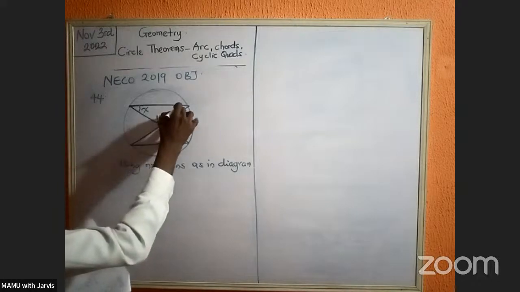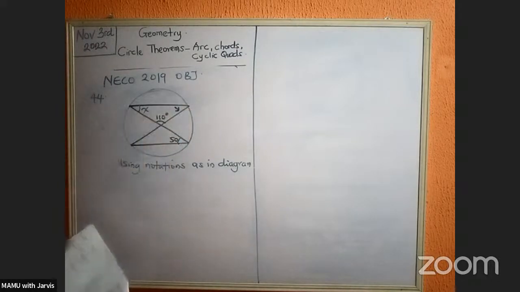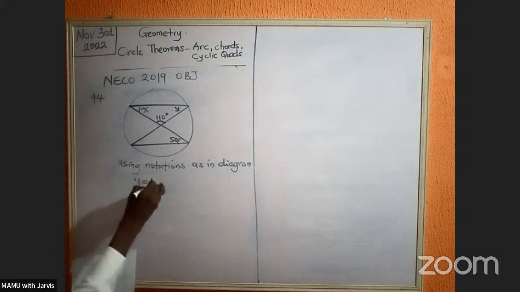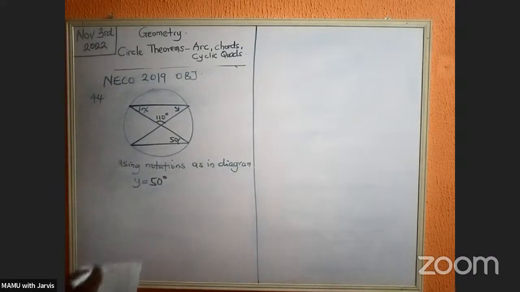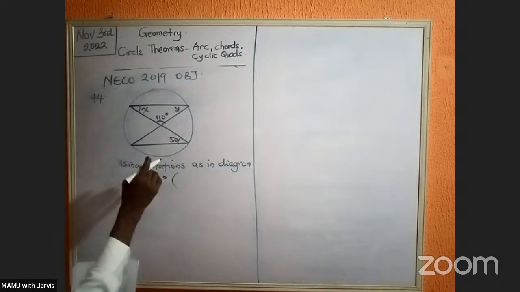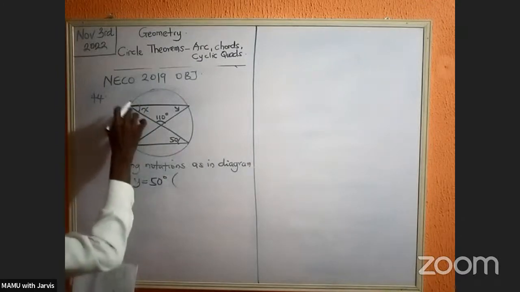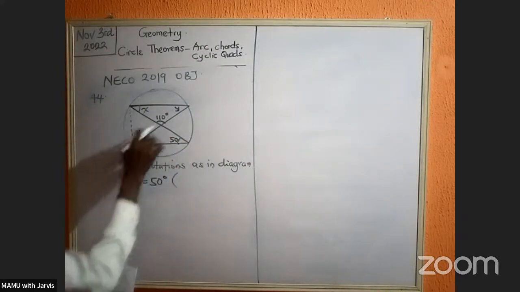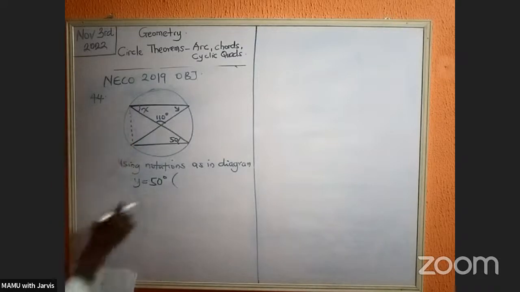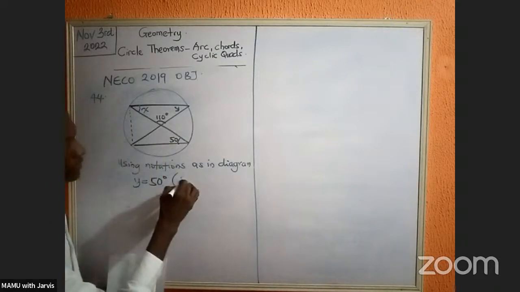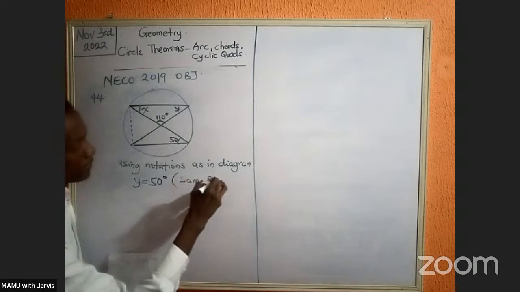I'm going to call this Y. Watch carefully. Y will be equal to 50 degrees. Why? Let's imagine I'm bringing a segment here. This is one triangle on the same segment as this triangle. So Y will be equal to 50 degrees. That is, same segment.